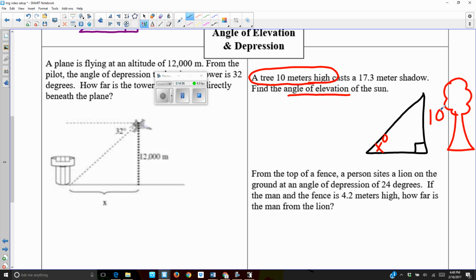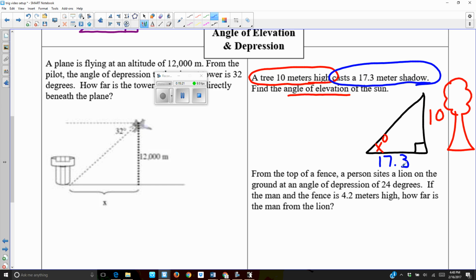It's opposite from the unknown angle. And then it tells us a tree casts a 17.3 meter shadow. Of course, when you go outside, your shadow lays flat on the ground. You'll see it when you're walking on the sidewalk. So your shadow is your horizontal, always going to be horizontal.